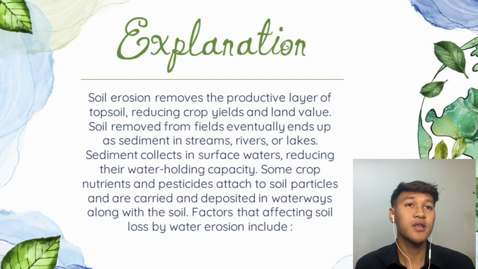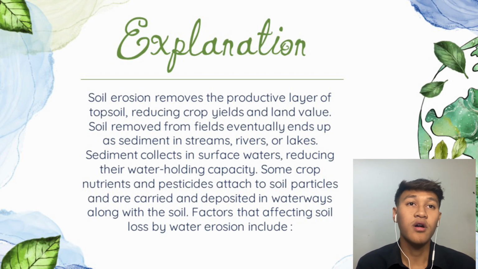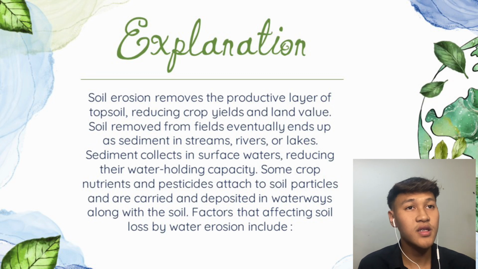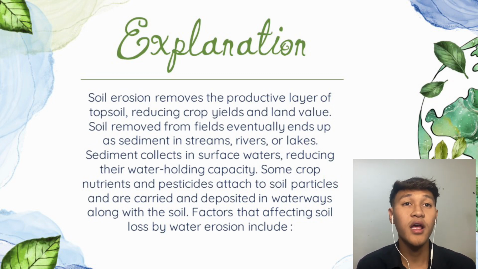So conservation tillage conserves soil by reducing erosion. Erosion by water is the primary concern, whereas the western region of the country is more susceptible to wind erosion. So soil erosion removes the productive layer of the topsoil and also reduces crop yields and land value.